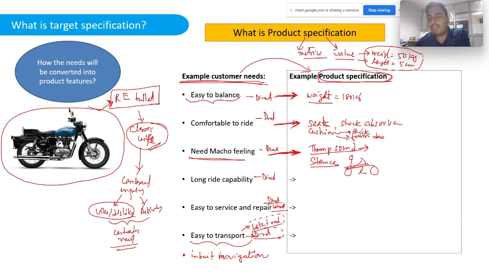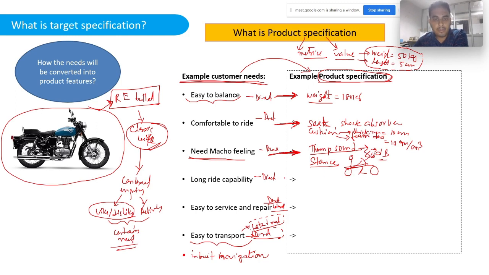You need to give a specification in terms of quantitative values. Thickness, for example, 10 centimeter. Foam density, for example, 10 gram per centimeter cube, which is weight by volume. Thump sound, maybe in terms of decibel, something like less than 60 or greater than 60 decibel.